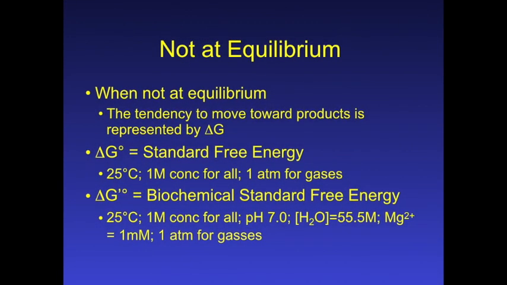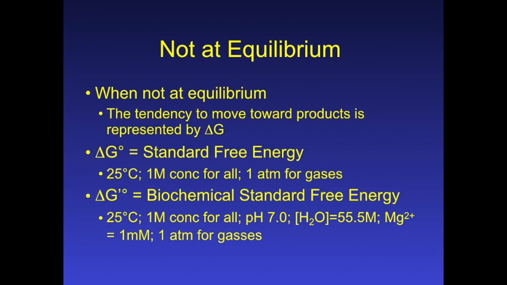When not at equilibrium, the delta G will tell us about the tendency to go towards product. And you learned of a delta G naught as the standard free energy. The standard free energy is at 25 degrees, 1 molar concentrations for all reactants and products in the equation, and 1 atmosphere for gases.